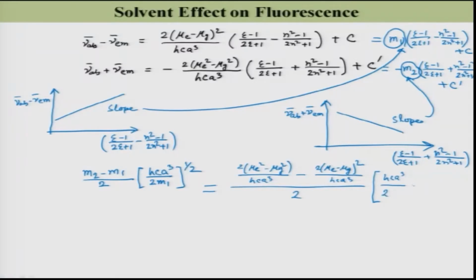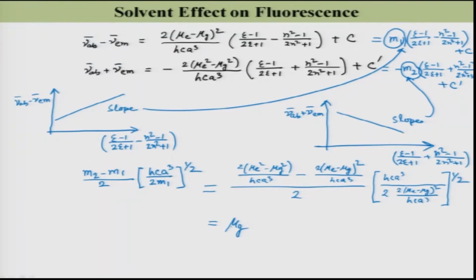Then m1 is twice mu e minus mu g square by HCA cube. If I simplify this, what you are going to see is that this is nothing but mu g, that you can do later. So, upon simplification of this expression, this is equal to mu g.